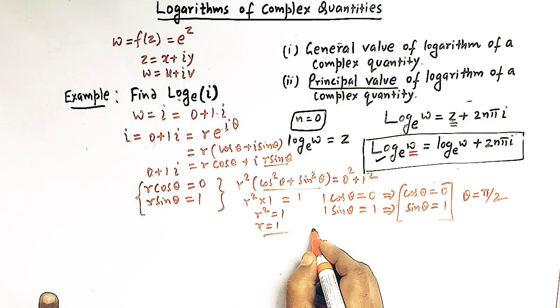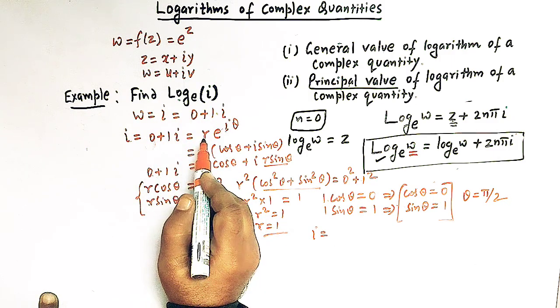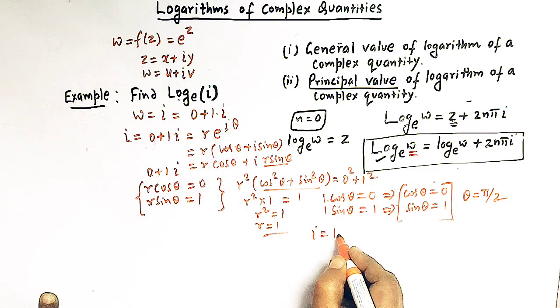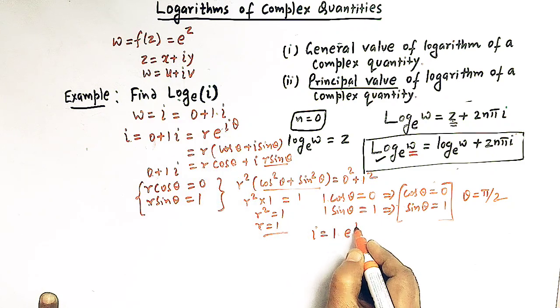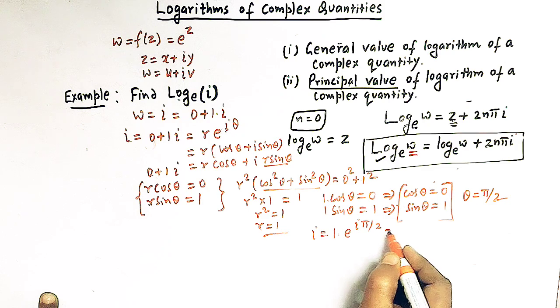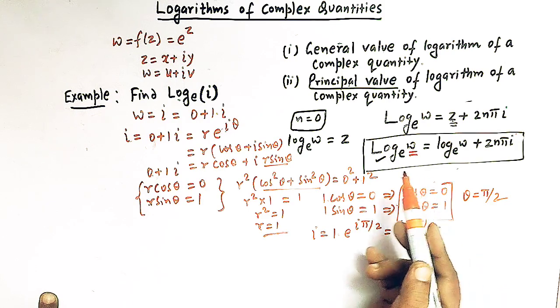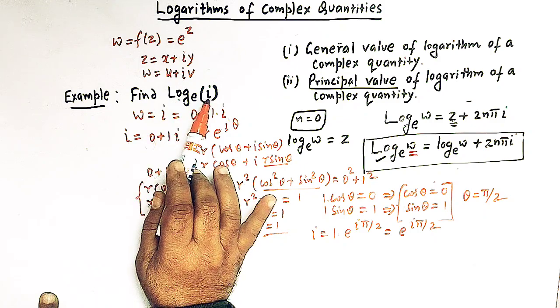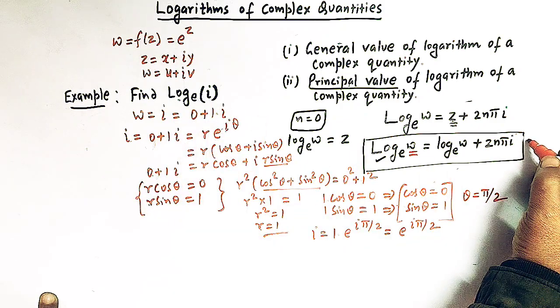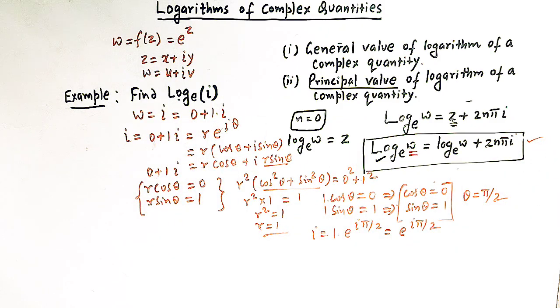We can now express the complex number i as r e raised to iθ. So r is 1, and we have e raised to iπ over 2. So now the value of log of i can be obtained from this equation.